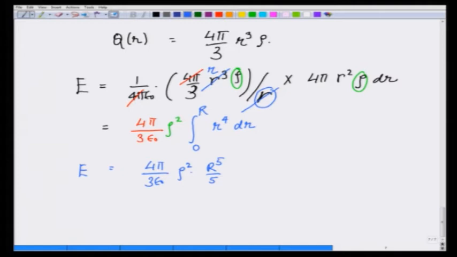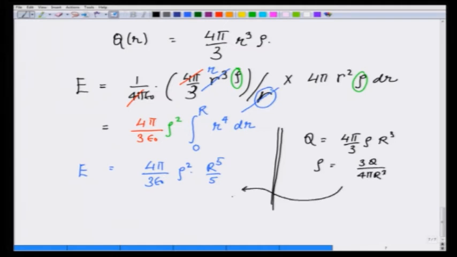Let us write this in terms of the charges. We have already seen, let me write it on the side, that Q, the net charge, is 4 pi by 3 rho R cubed, and therefore, rho is equal to 3 Q over 4 pi R cubed. Substitute this here and you are going to get U is equal to 4 pi by 3 epsilon 0 rho square, which is 9 Q square divided by 16 pi square R raised to 6, times R raised to 5 over 5.